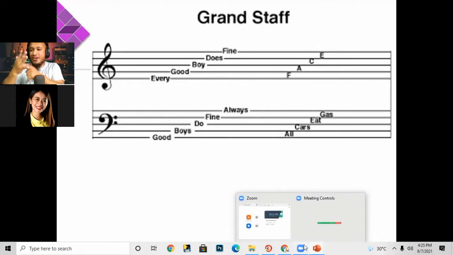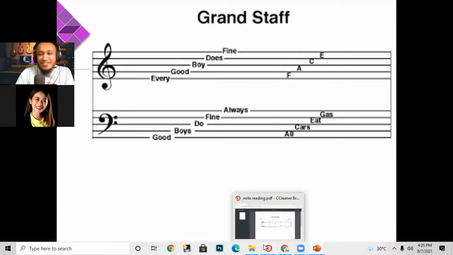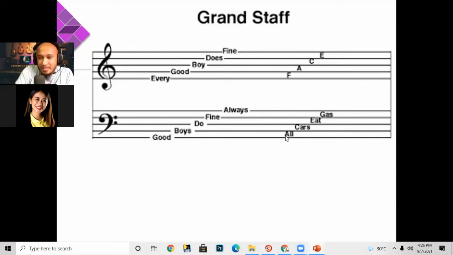Why eat? It's not drink, because it's gas. So anyway, A, C, E, G. Those are the letter names, also known as the pitch names, in terms of the F clef.